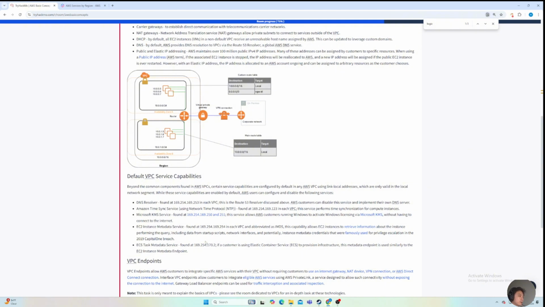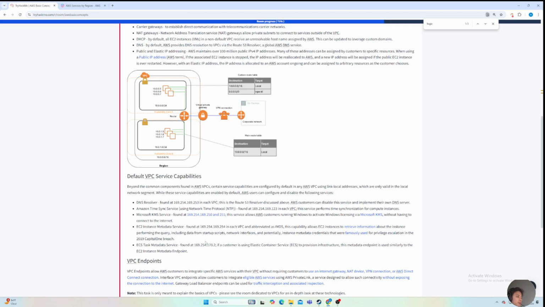EC2 Instance Metadata Service found at 169.254.169.254 in each VPC and abbreviated as IMDS. This capability allows EC2 instances to retrieve information about the instance performing the query, including data for startup scripts, network interfaces, and potentially instance metadata credentials that were famously used for privilege escalation in the 2019 Capital One breach.